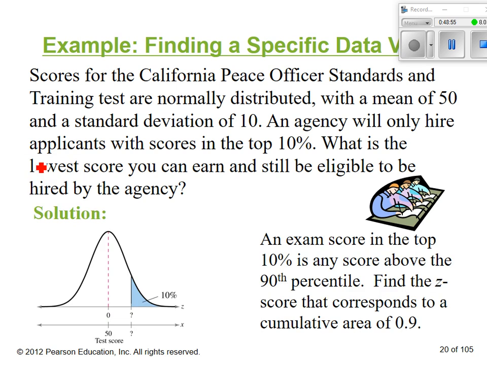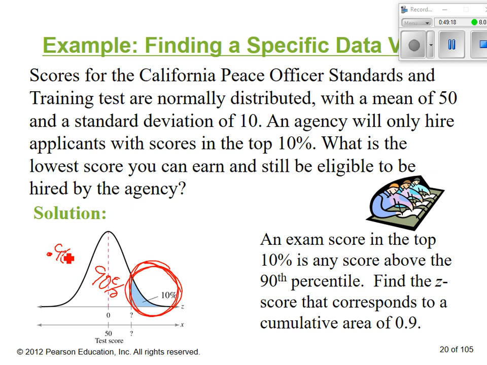Same idea on this. So this is some California police officer school that's only taking the top 10%. If they're only taking the top 10%, then this part down here is 90%, so that means our area is 0.90 down there.